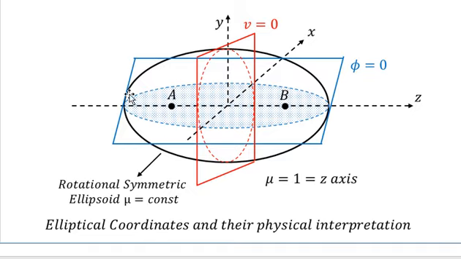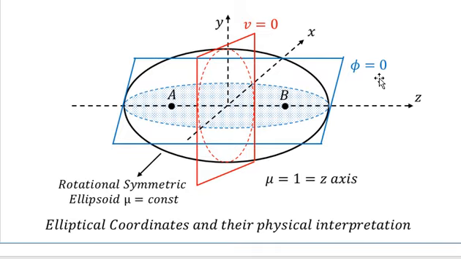I have shown just a cross section of this ellipsoidal surface about the YZ plane. So this is the ellipsoid shown in black, and it is the cross section by the YZ plane, because this is lying on the YZ plane. And you know that the phi equal to 0 plane is the plane passing through the xz axis.